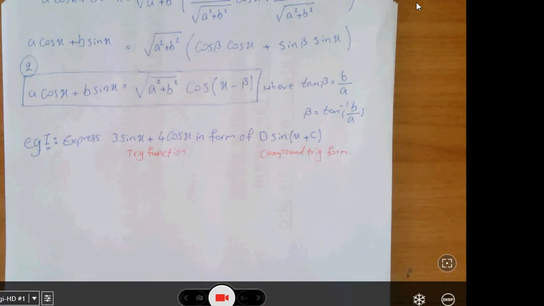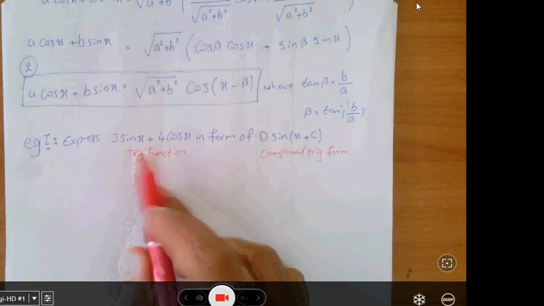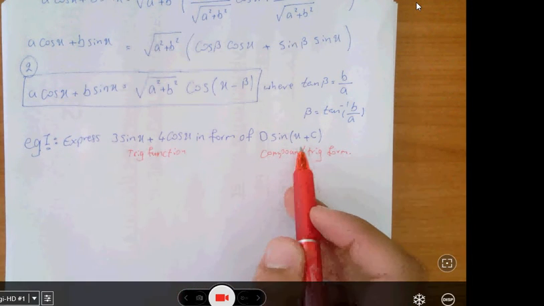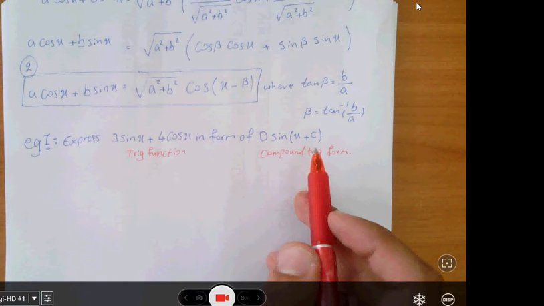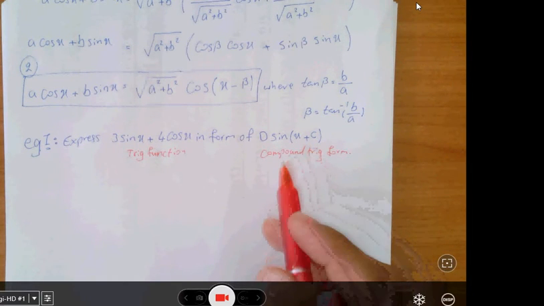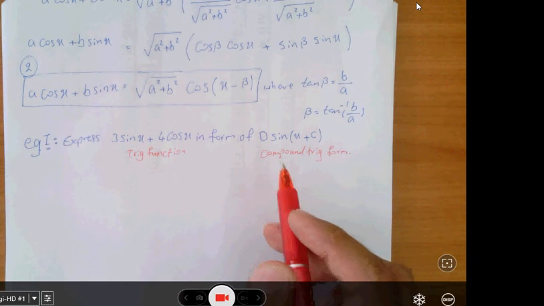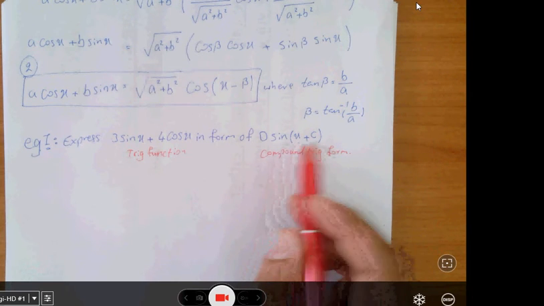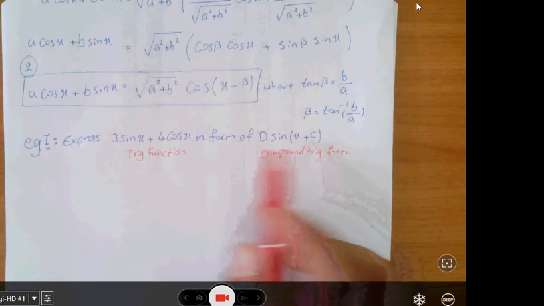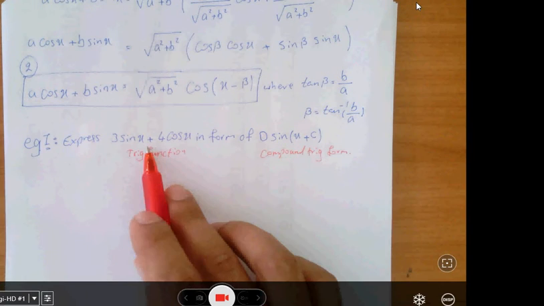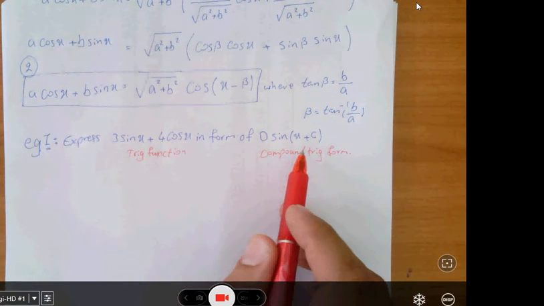So I want to move from this form into this form. And in case you're wondering what's the point of doing this whole thing, it's because when we move to our next example, they will ask us to solve an equation. And if you don't know how to transform this form into this form, it's going to be tedious for you to solve it.